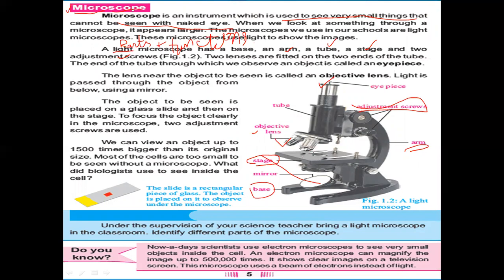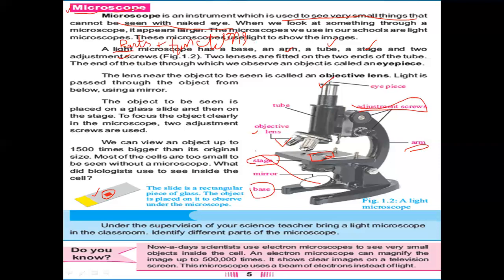This is a stage, and on this we keep a slide, and these clips are used to hold the slide so that it does not slip. What is a slide actually? This is a slide. It is made up of glass, and on that we keep any object which we want to observe.